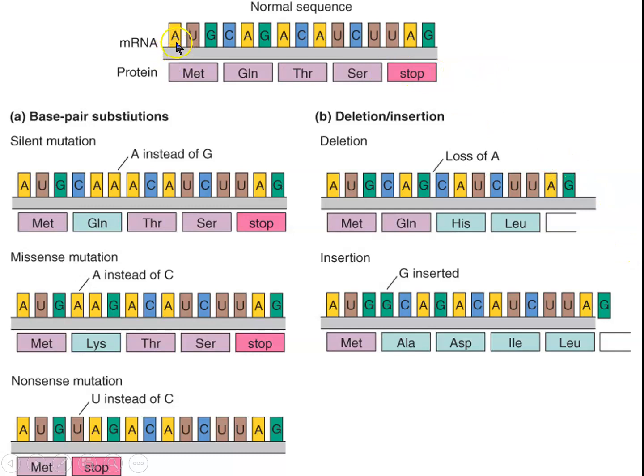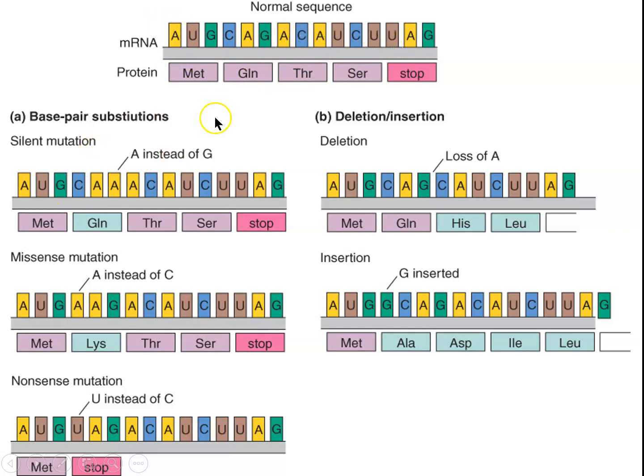We're going to start with this normal sequence up here. So it starts with AUG, that's the symbol for starting a protein in bacteria, and then glutamine, threonine, and serine, and then a stop codon at the end. So we're saying that this, I guess, 4 amino acid peptide is what the cell wants to make.